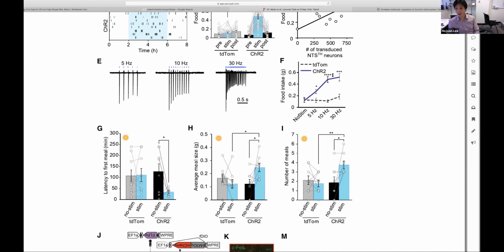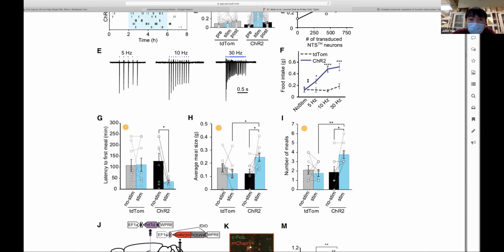And then, John, do you want to go over F? Yeah. So for F, with the various frequencies, they noted that there was a positive correlation between neural activity and the amount of food being consumed. So with a higher frequency, there was more consumption.